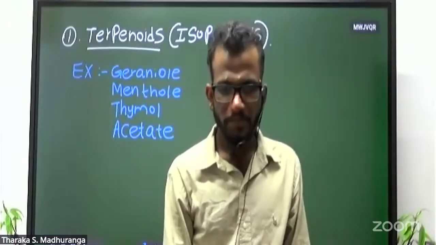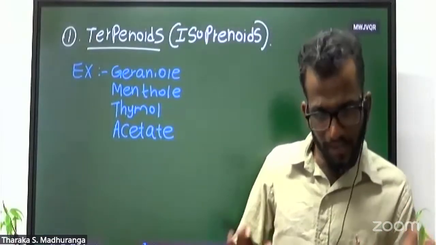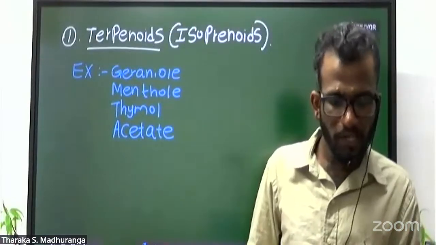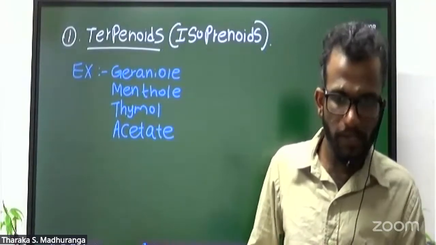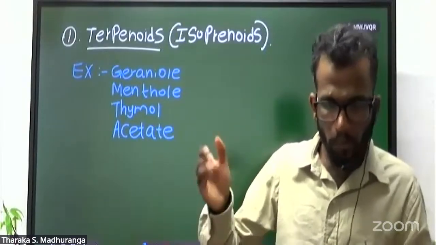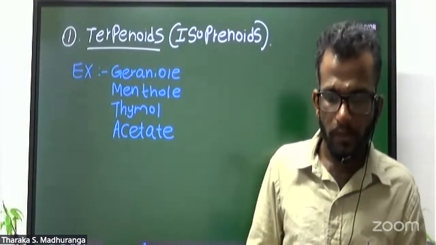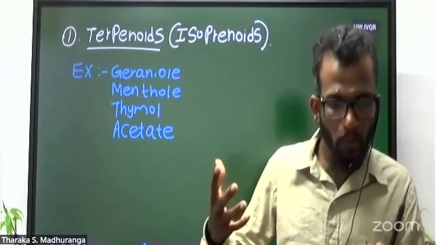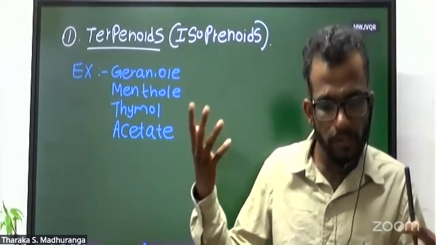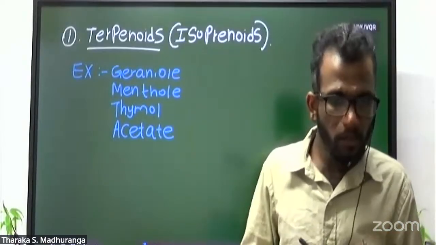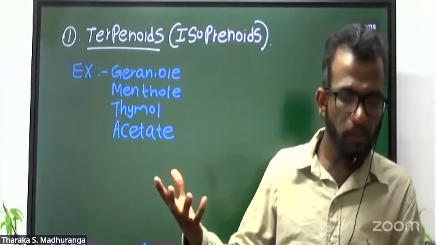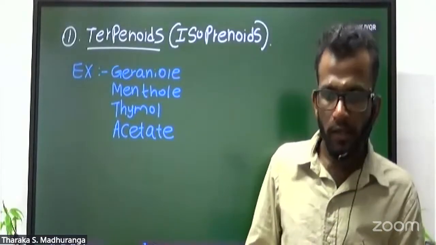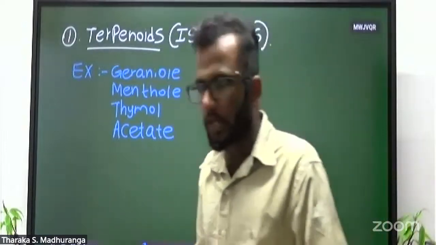I told you that is the most available secondary metabolite type. Sorry, more than 60% of all secondary metabolites are terpenoids.